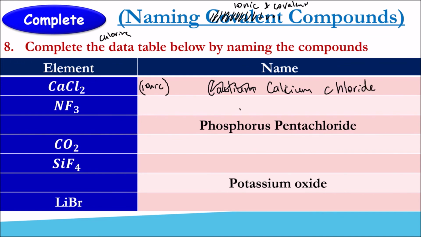Okay, so that's the name of this. Notice there's no prefix. So there's no prefix for ionic compounds. Keep that in mind. Only covalent compounds use prefixes. The reason being is we can actually work out what the formula of the chemical will be just by name or just by looking at the periodic table.